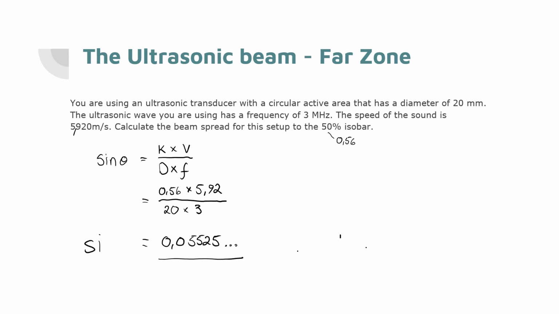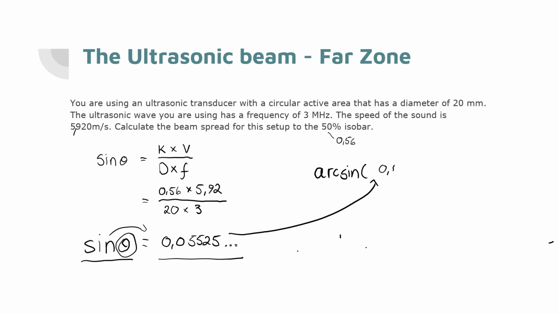Now it's key to remember that this is not the answer. We still need to solve this half of the equation. Now in order to get the angle, we need to move the sine to that side. So we're going to say arc sine, and then we're going to put this value in here.